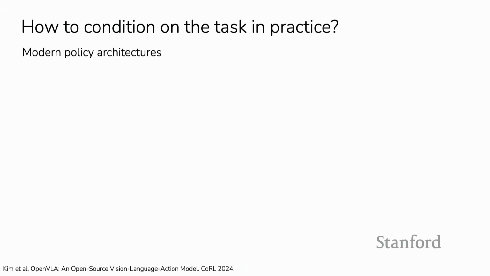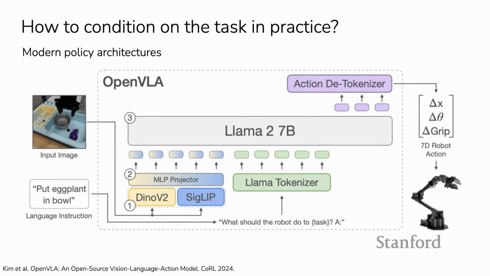And in terms of modern policy architectures for using task strings in robotics, it's often common to also use a transformer and find ways to use image encoders, in this case pre-trained image encoders, and project those into the input space of a language model. Also use the task descriptor here, which is what the robot should do, to put the eggplant in the bowl.